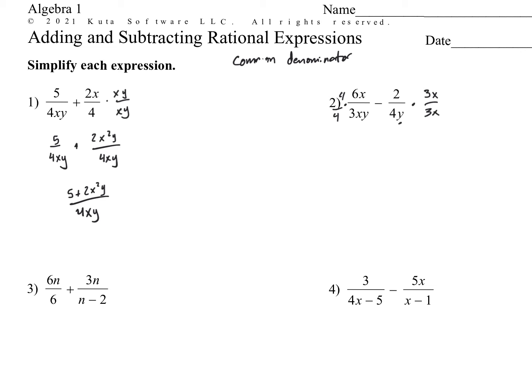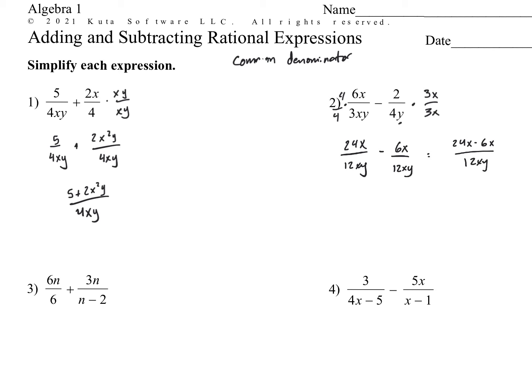So I'm going to have 24x over 12xy. 3 times 4 is 12. Minus, I have 6x over 12xy. Now that I have a common denominator, I can put them together, and I have 24x minus 6x over 12xy.